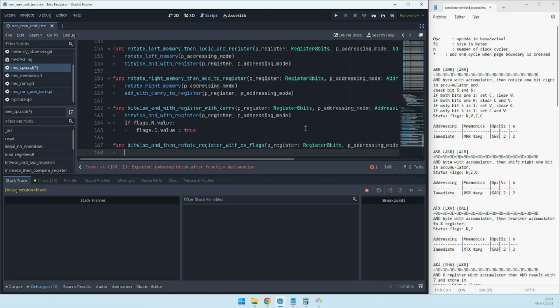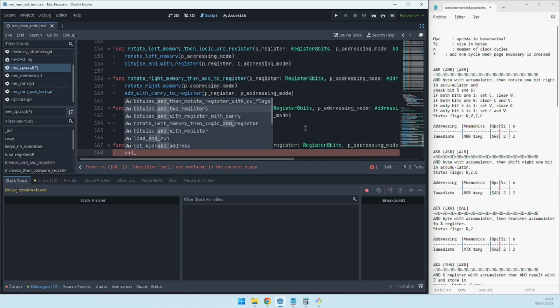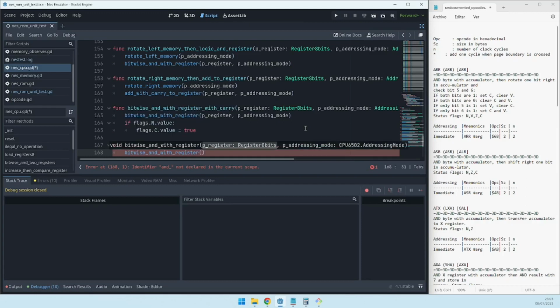AND byte with accumulator. Bitwise AND with register, the register and addressing mode.